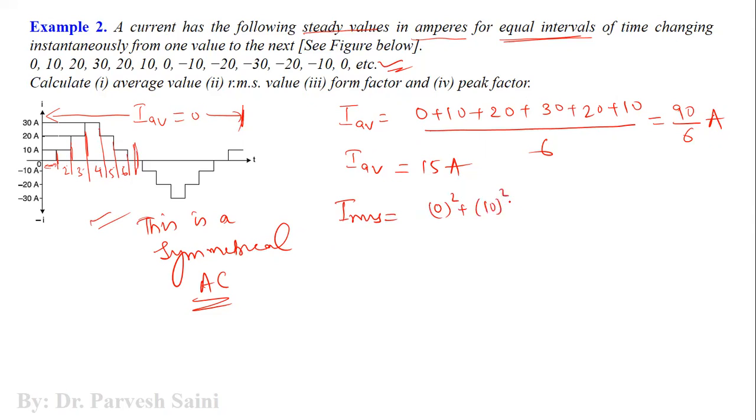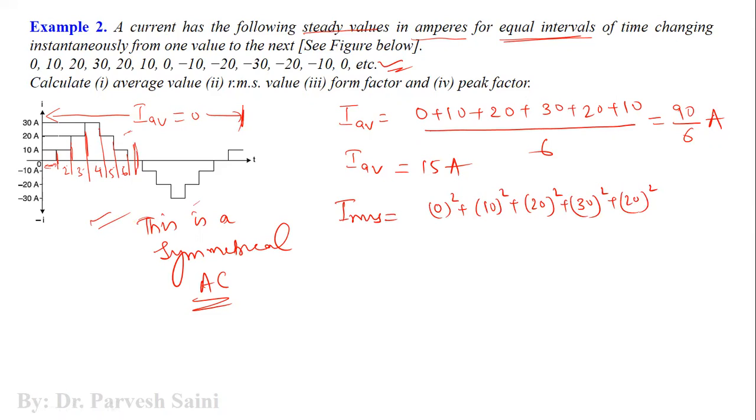instants. So 10 square plus 20 square plus 30 square plus 20 square. Again, for a symmetrical AC, whether you calculate the RMS for half wave or full wave, that would remain the same because you are squaring the values.